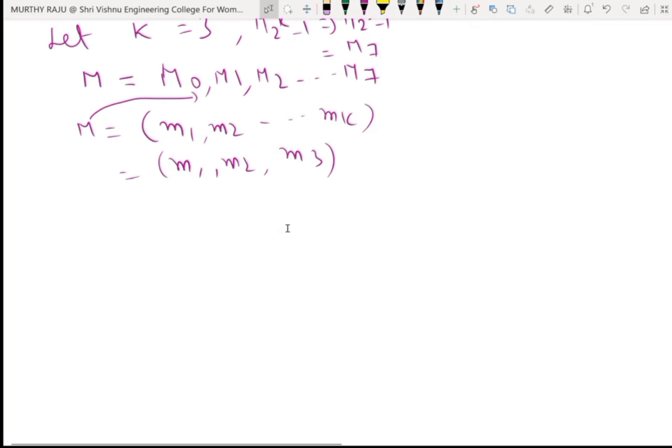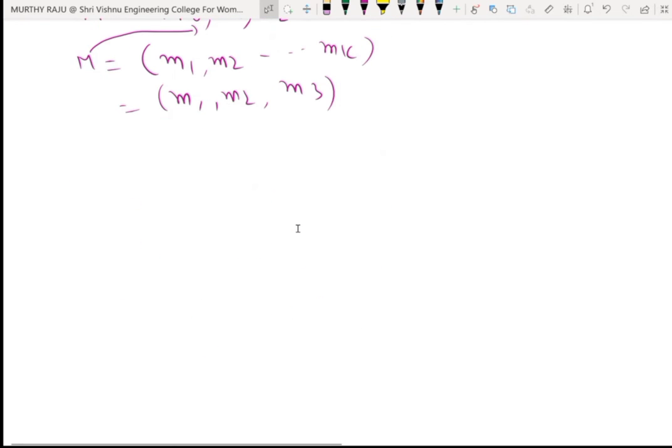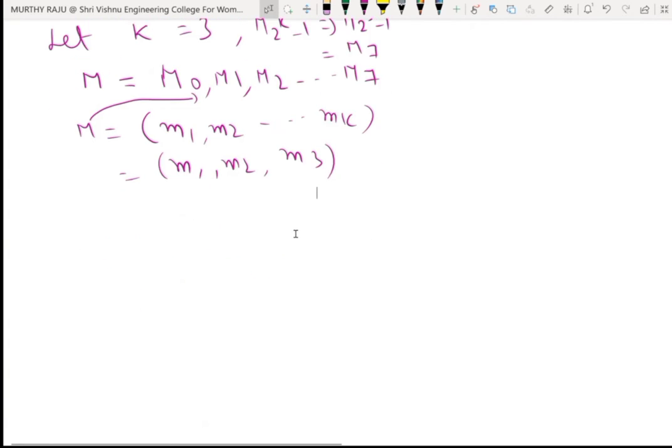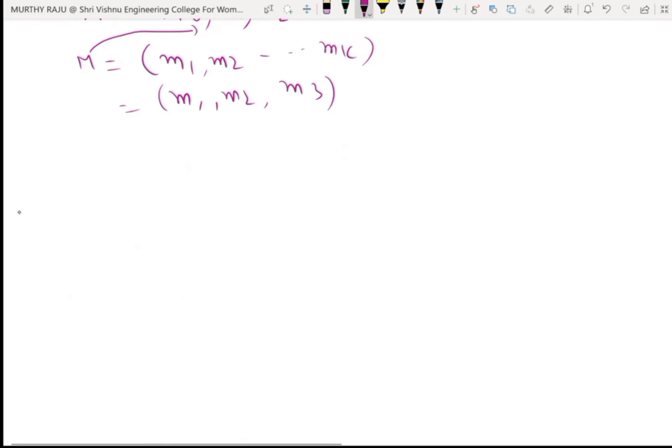2 power k message vectors are possible. The range of 2 power k is from 1, 2, 4.